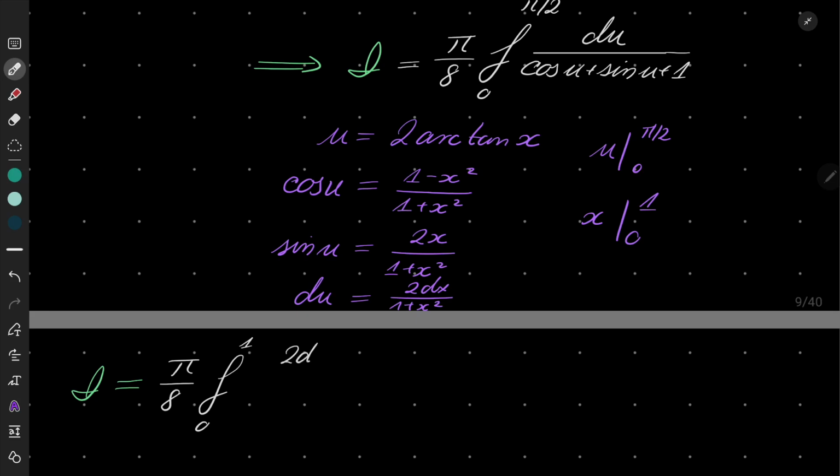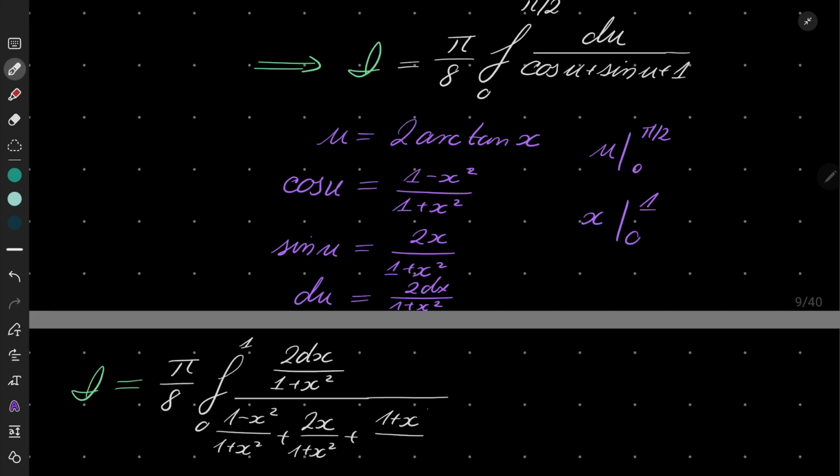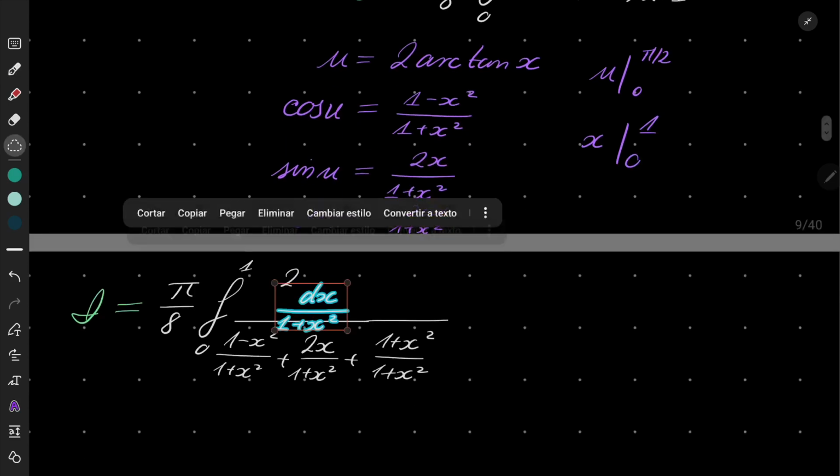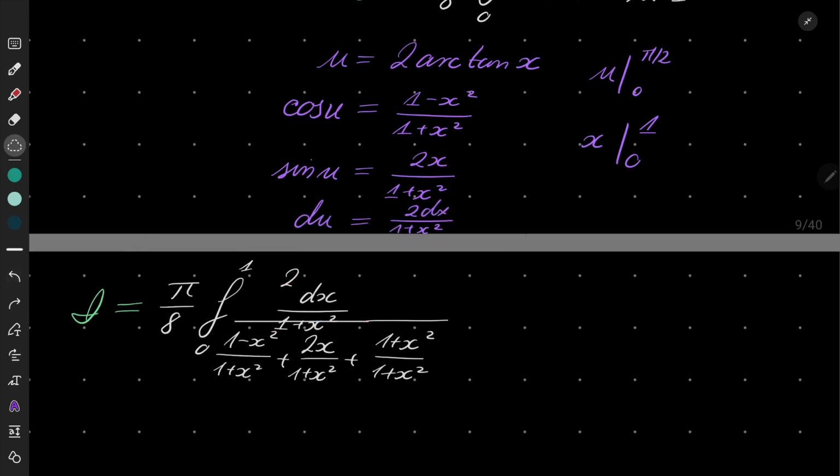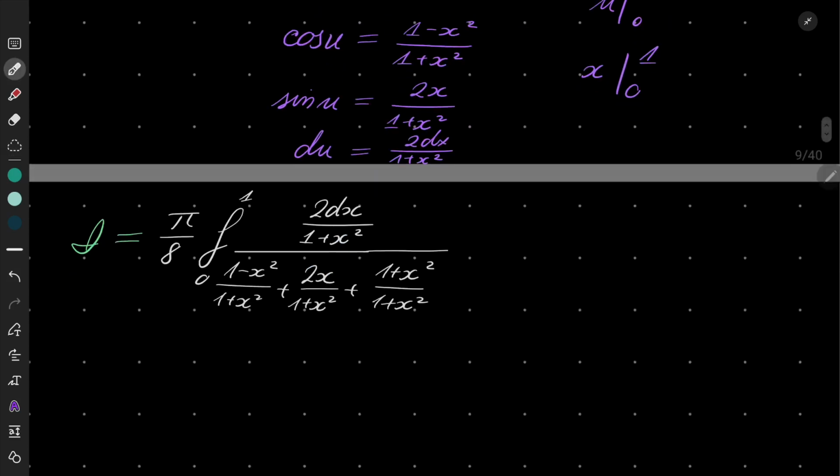Du is 2 times dx over (1 plus x squared), and here we have cosine is (1 minus x squared) over (1 plus x squared), sine is 2x over (1 plus x squared), and you know what? 1 can be written as (1 plus x squared) over (1 plus x squared). And let's put it in the middle. Yes, very well. Now, let's simplify it. Pi over 8 times integral from 0 to 1.